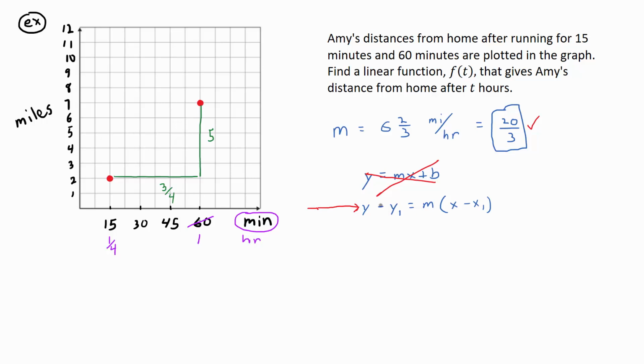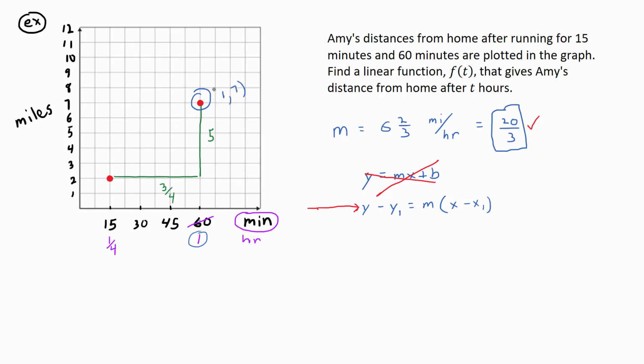Now, let's fill in what we know. Which point do we want to use as our x1, y1? Well, I claim this point would be maybe a little easier because the time unit here is just 1 as opposed to 1/4. So let's use the point 1 hour, 7 miles.